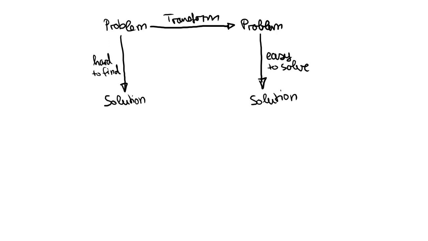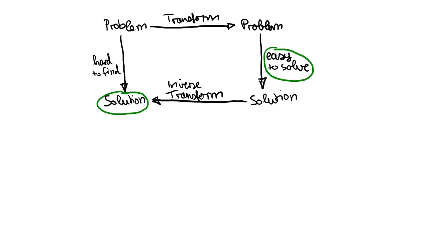Now we have a solution which we have found very easily, and we just transform back to the original domain by the inverse transform. And now we have just found our solution, but had a very easy way to solve it. And this is exactly the reason why we do transforms.